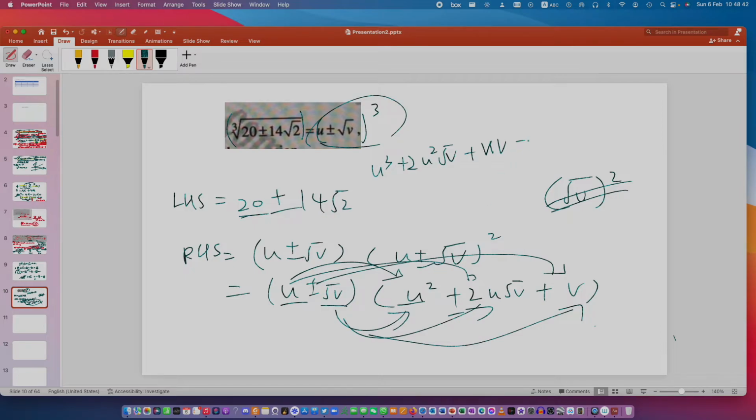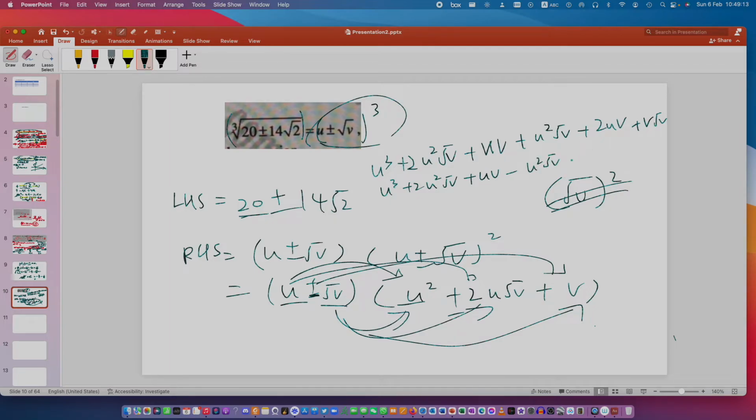So the plus is u square, then this will be plus 2uv, then plus v and this v. Then I do the minus, so it's u cube plus 2u. Wow, that's a lot. So I do the minus now, it's minus u square this, then minus u.